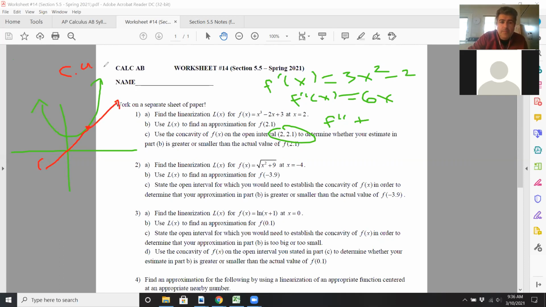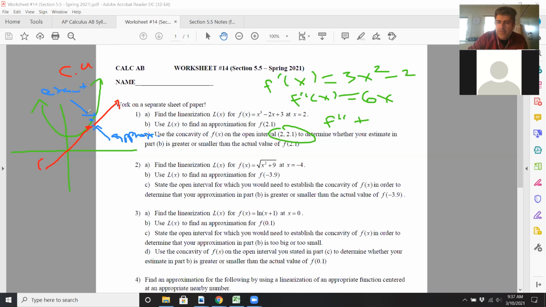That's totally concave up. We would see that the tangent line is, of course, my approximation. The curve itself is the exact value.